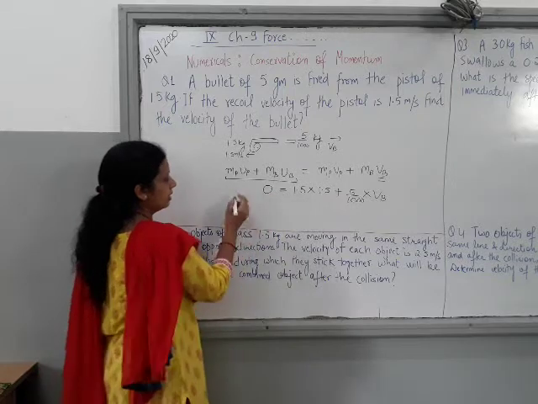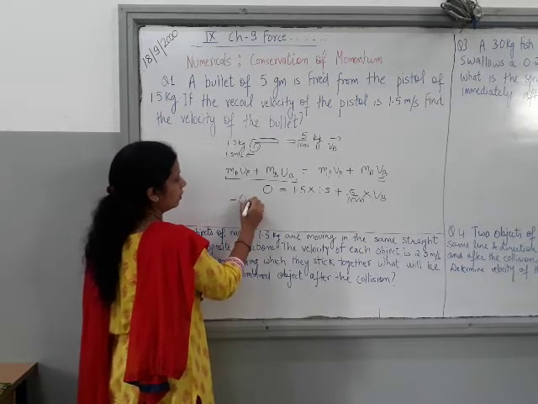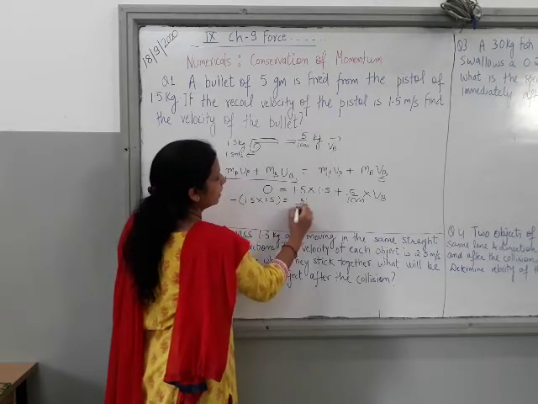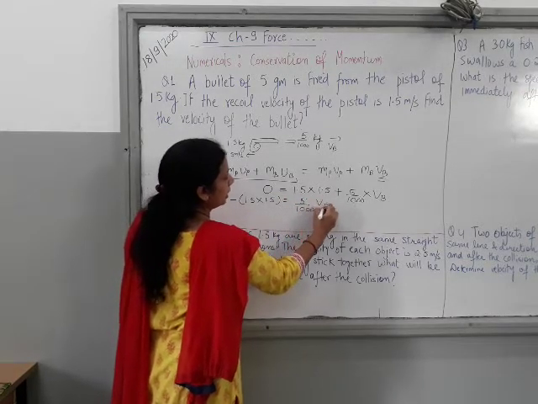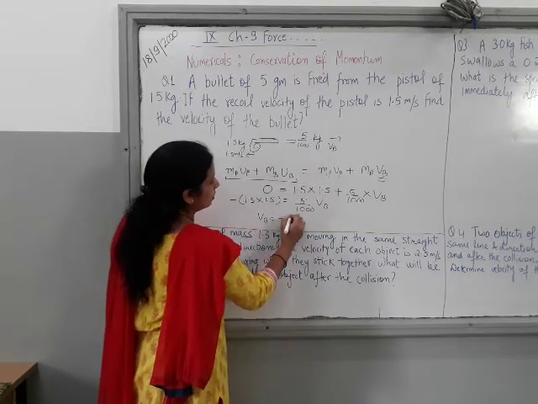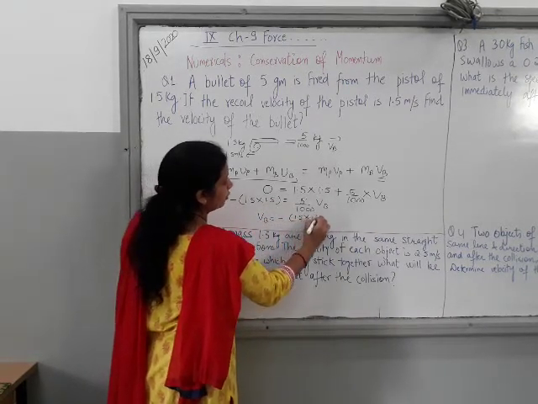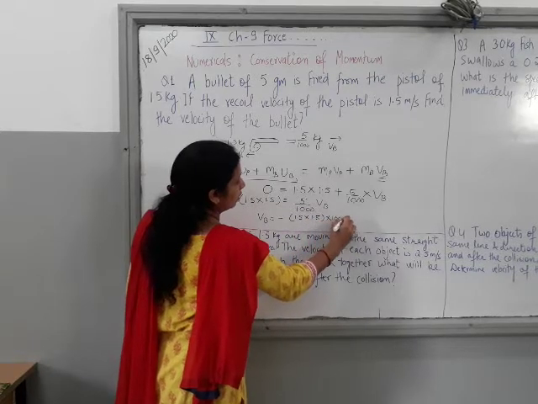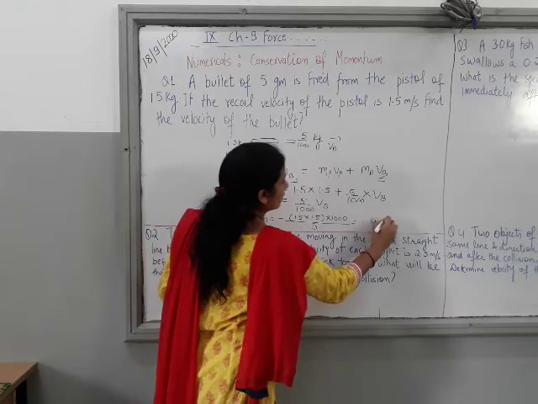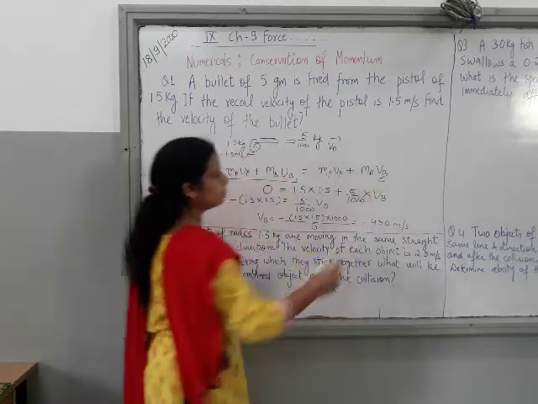It becomes minus 1.5 into 1.5 equal to 5 by 1000 VB. Or I can write VB equal to minus 1.5 into 1.5 into 1000 divided by 5. When you solve this, you will get minus 450 meters per second.